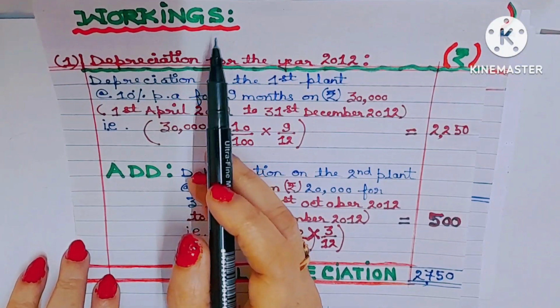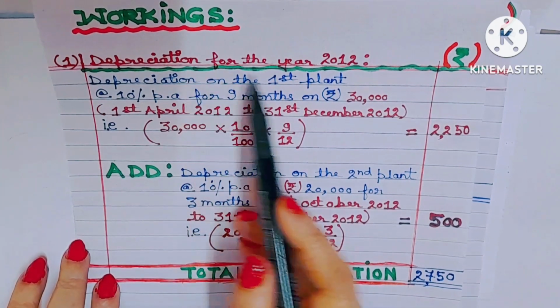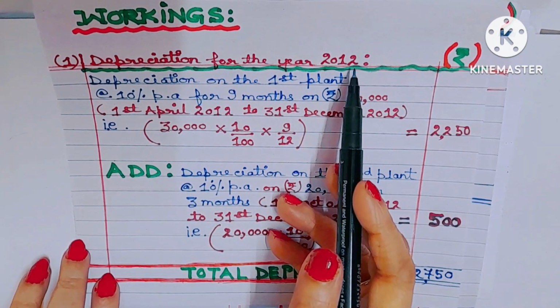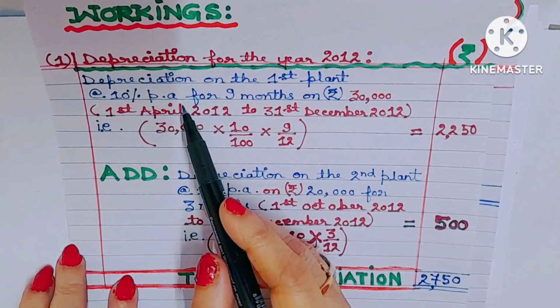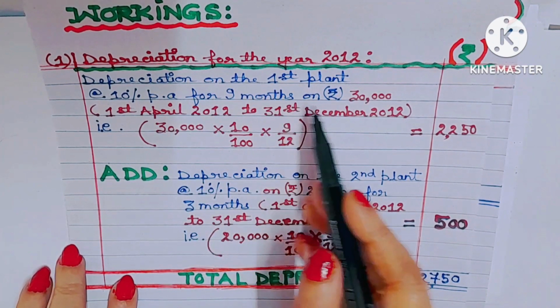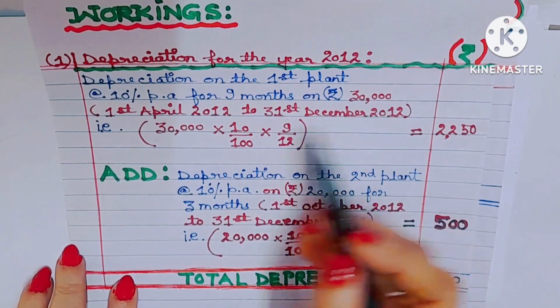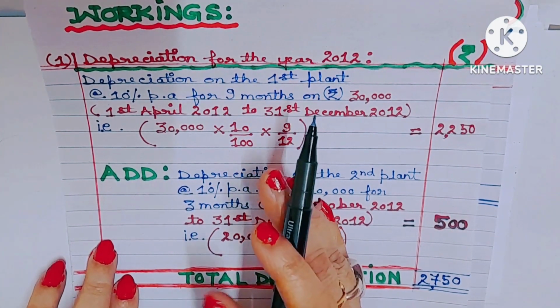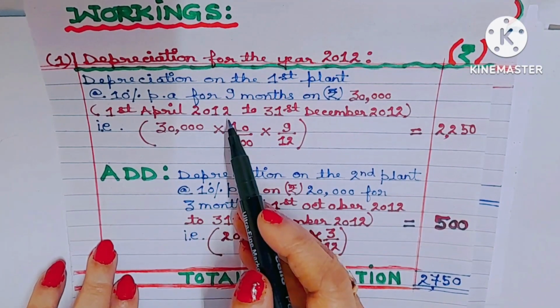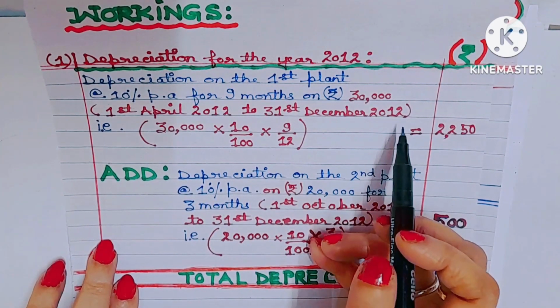See, workings. Number 1. Depreciation for the year 2012. Depreciation on the first plant at the rate of 10% per annum for 9 months on rupees 30,000. Why 9 months? Because the first plant was purchased on 1st April 2012 to 31st December 2012.